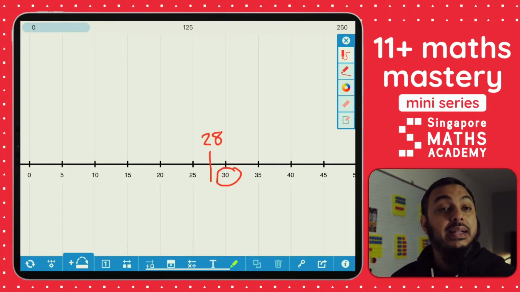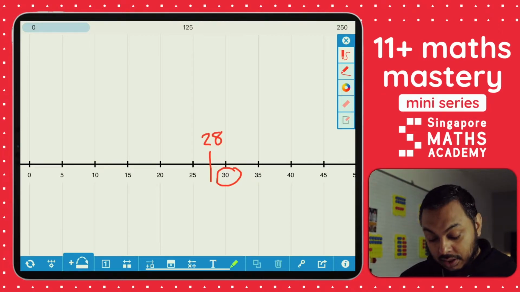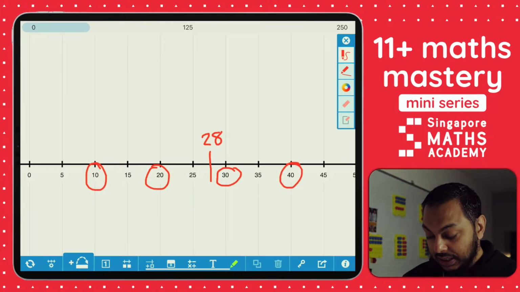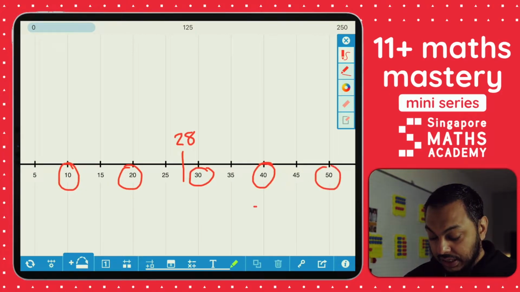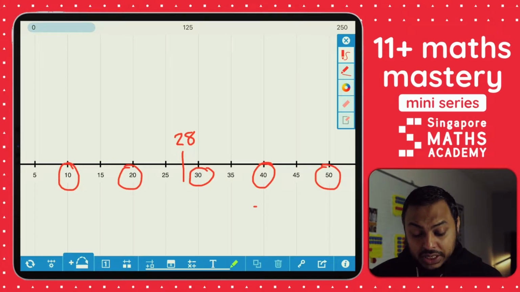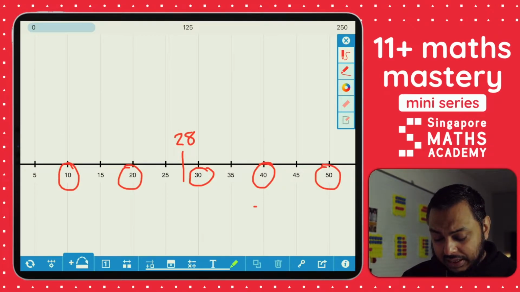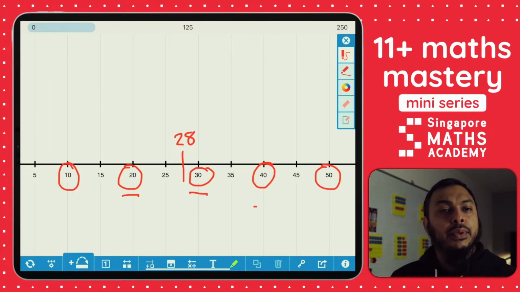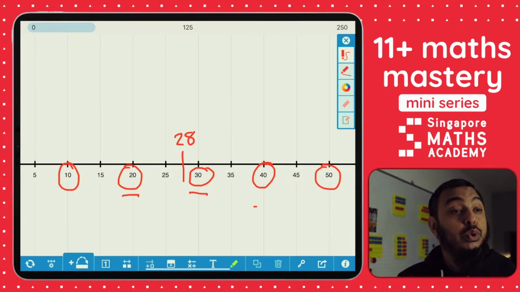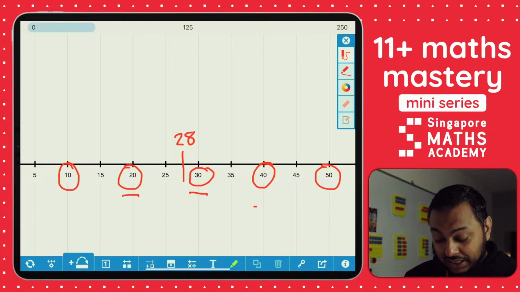If we think about our 10 times table, 10, 20, 30, 40, and going on to 50 and so forth, which 10 is 28 nearest to? We can see that 28 is between 20 and 30. So 28 is between two 10s, 20 and 30, and we need to work out which one is closest. From 20 to 28, that's a jump of 8.